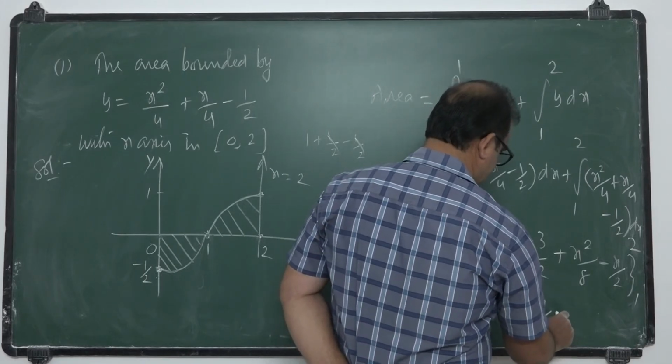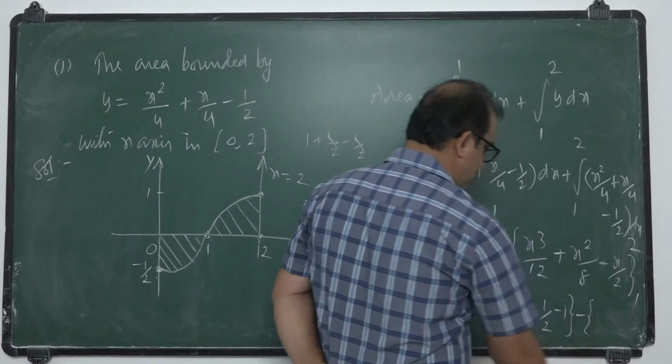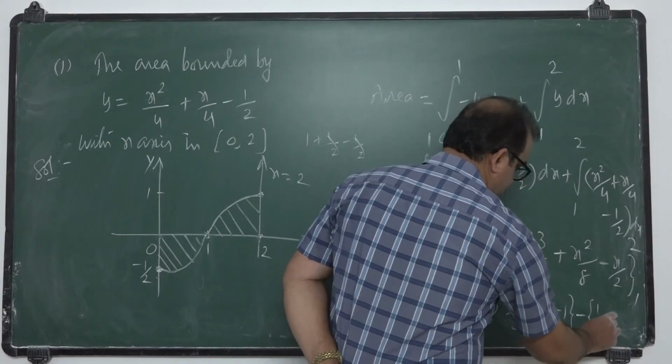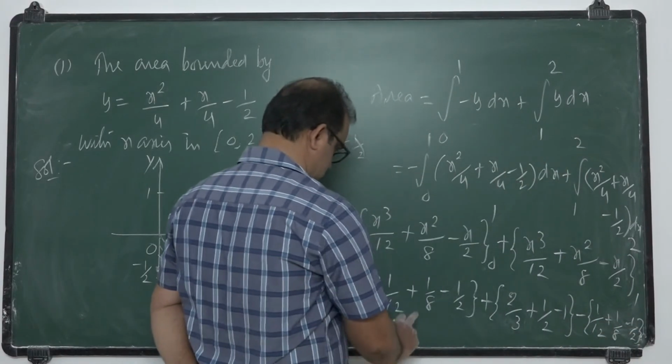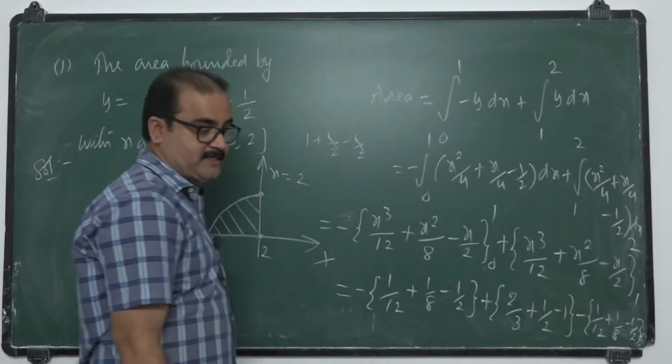Minus 2 by 2, 1, minus of lower limit 1 by 12 plus 1 by 8 minus 1 by 2. This term and this term are same, minus x into minus x, minus 2x.